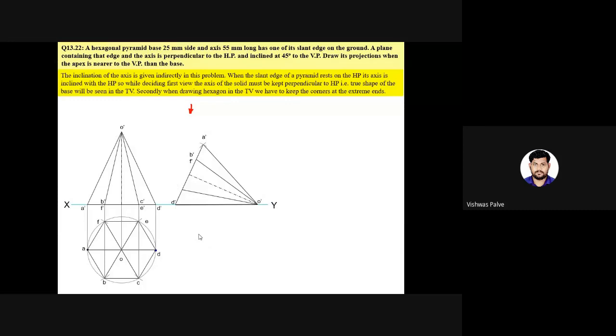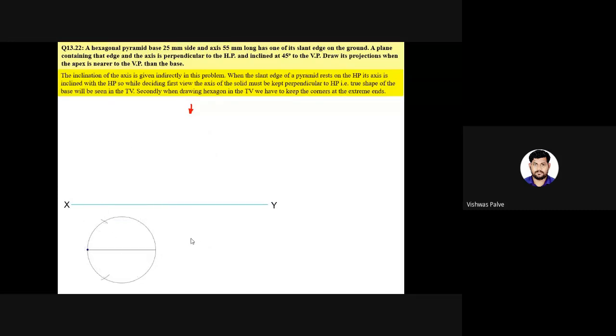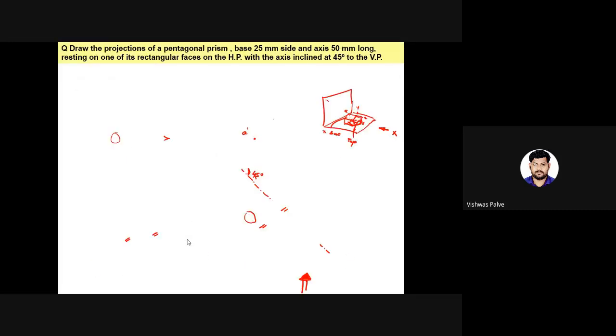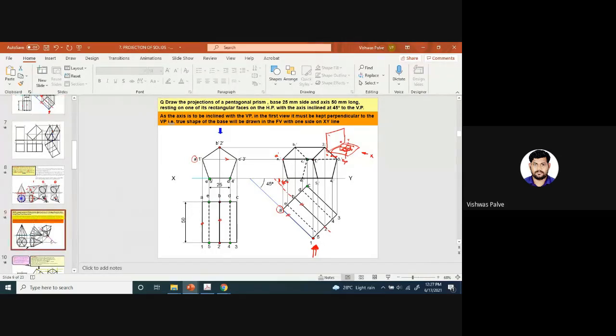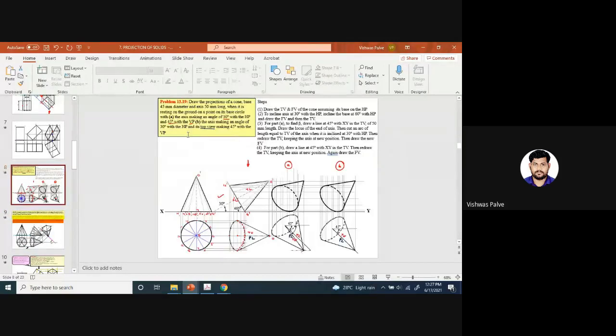I will solve a few numericals and post them on YouTube so that you can easily view those numericals also. I will give these numericals for homework. If you want, you can note it down. This problem everyone has to solve. Please note down the problem.